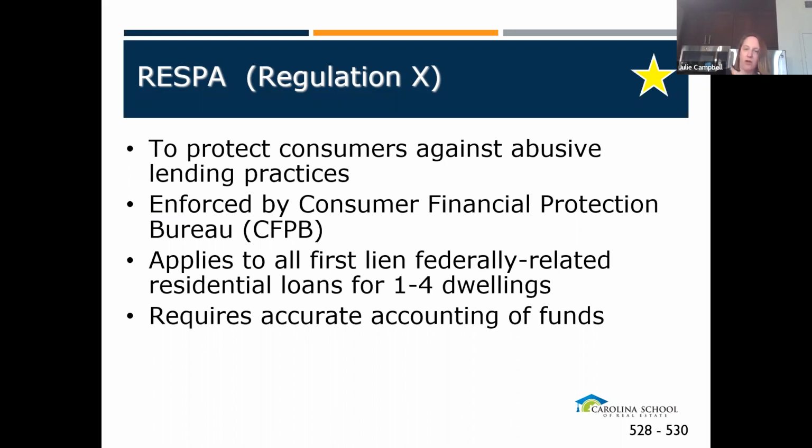RESPA applies to all federally related mortgage loans. This includes conventional, FHA, VA, USDA, all the loan types that we talked about the other day. RESPA applies to 1 to 4 family dwellings. So if you're buying a unit with 5 dwellings or more, TRID is not around. I also think it's important that we remember TRID is a lender law.